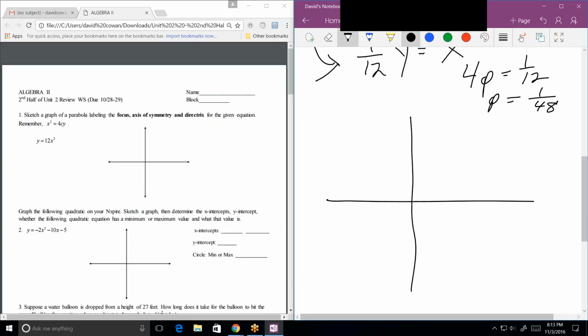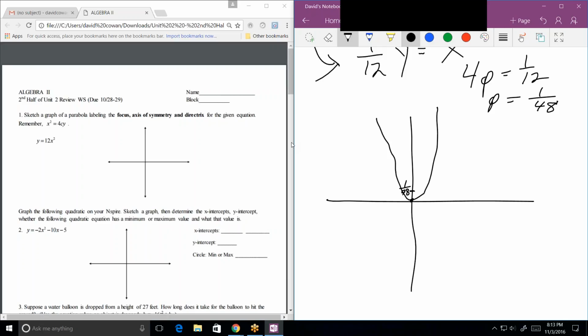Well, I know the origin, the vertex, is right there. It's got a vertical stretch factor of 12, so it's pretty skinny. And p is at 1/48, if I did my math right.